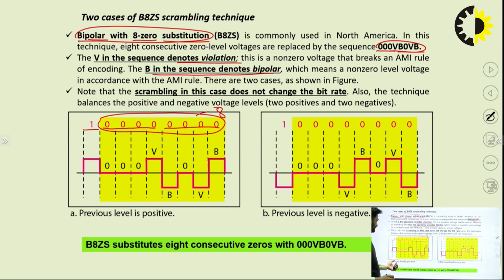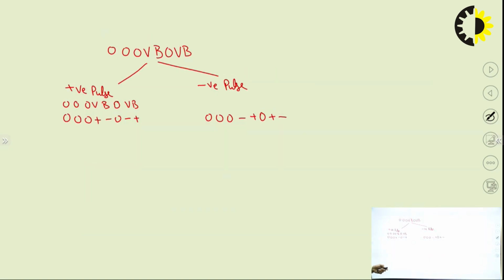Now this can be done by two methods: previous level is positive and previous level is negative. When we take 1 as a positive voltage, then these 0 0 0 0 0 0 0 0 will be replaced by this term 000VB0VB.